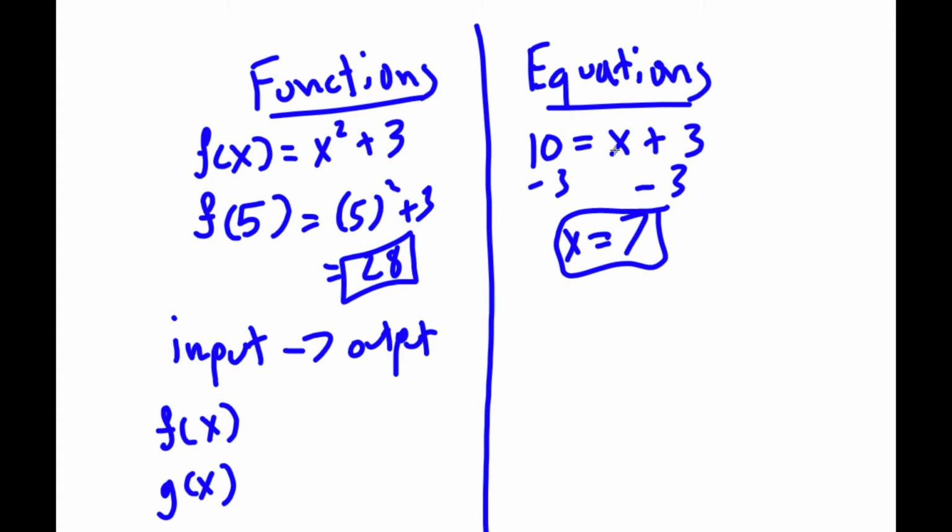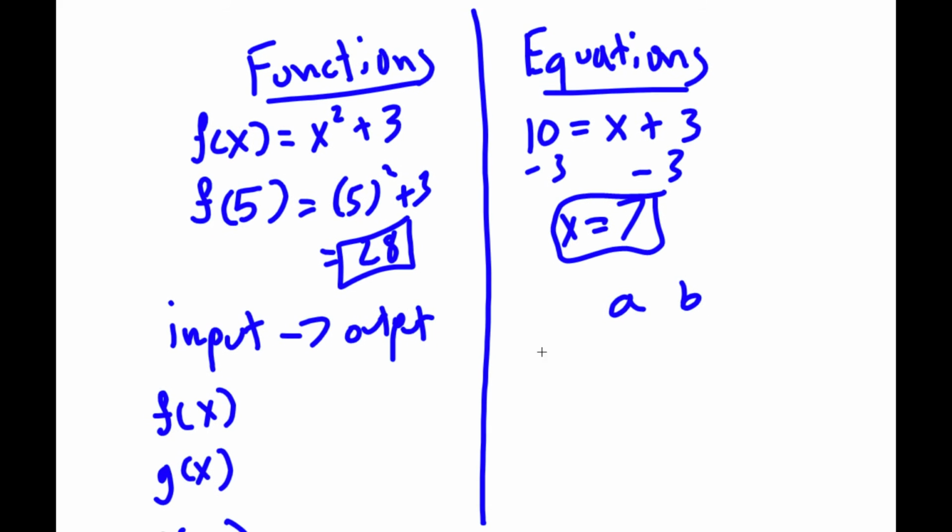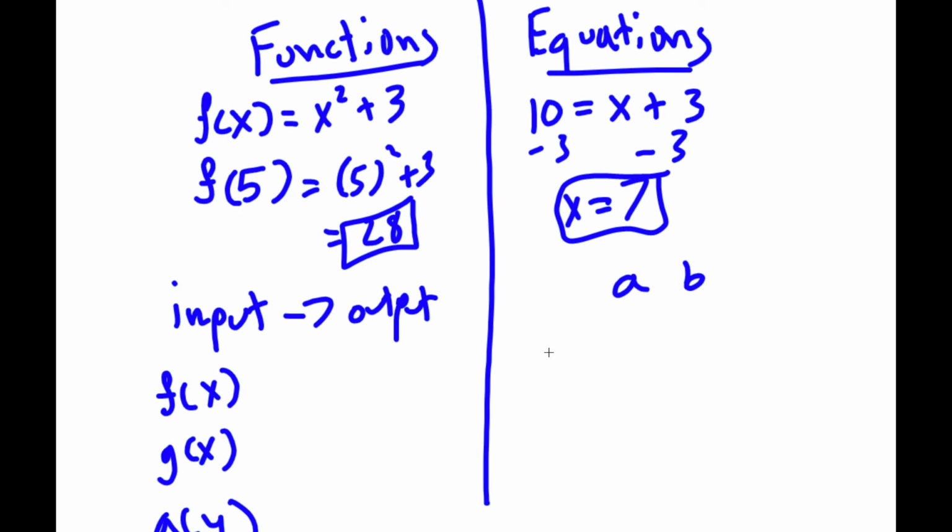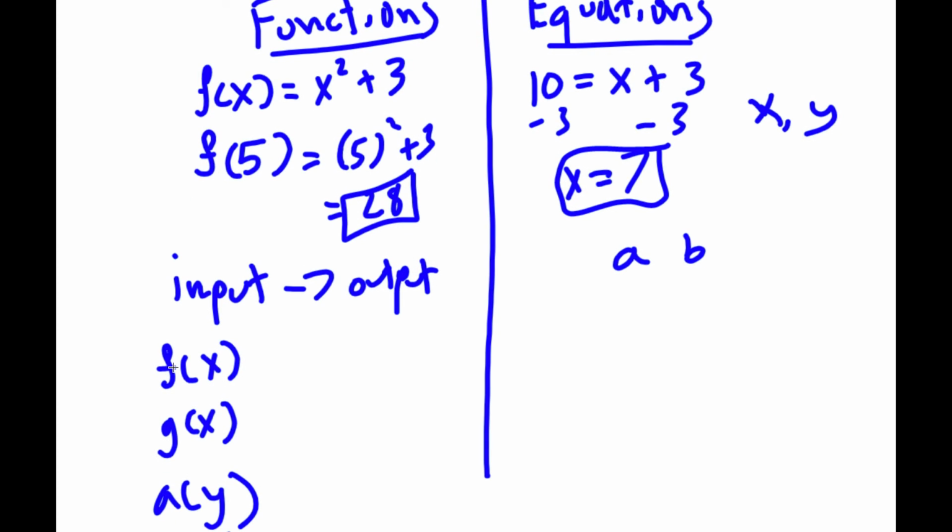You have a variable such as x, and you can use any variable. You could use a, you could use b. So a common equation is usually given by the variable x or the variable y. And functions also use x and y or any variable, but they always start with f of something or g of something or something of something.